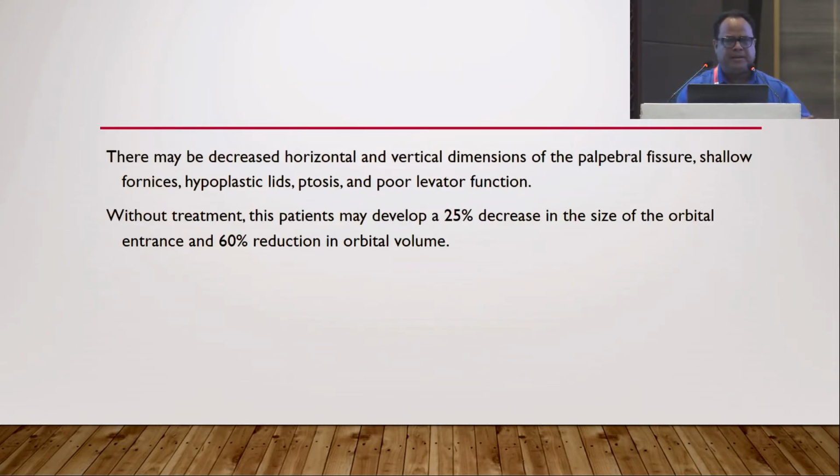As my previous speakers mentioned, there may be a decrease in horizontal or vertical dimensions, whatever, all taken care of. Without treatment, the patient may develop a 20% decrease in the size of the orbital volume by adult stage, and in the orbital entrance, that is the rim.